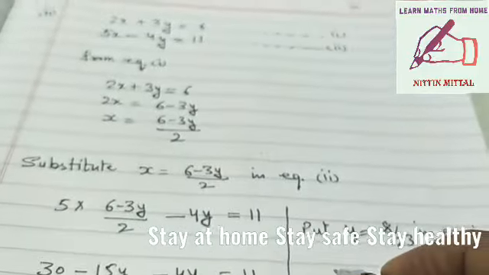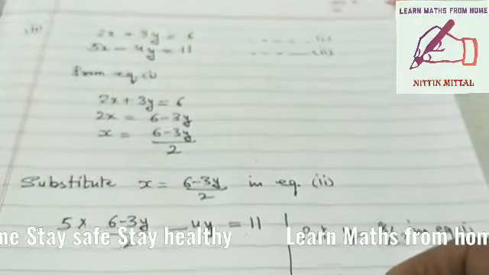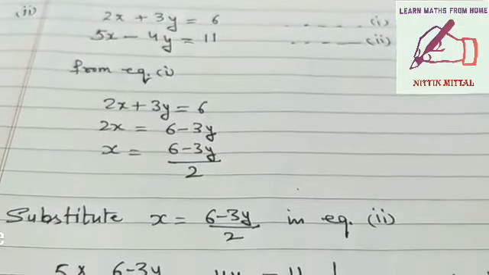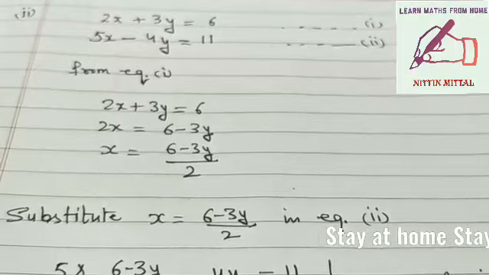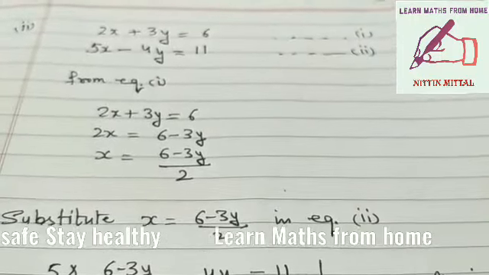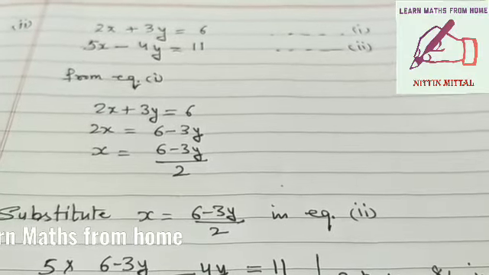right? So I am having 2x plus 3y equal to 6. That is the first equation. 5x minus 4y equal to 11. I have taken the first equation, that is 2x plus 3y equal to 6.